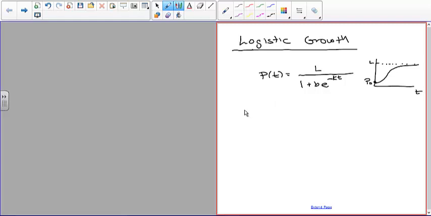So in this case, you have to be given three things, because you have three constants, L, b, and k.